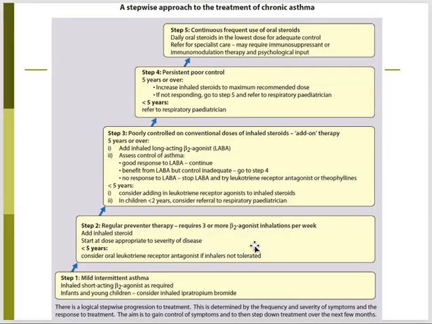But this stepwise treatment is done in asthmatic patients. If there is mild intermittent asthma, that is simply asthma in which there are occasional attacks of wheezing or coughing less than 2 times per week.